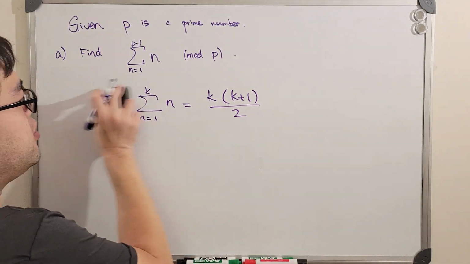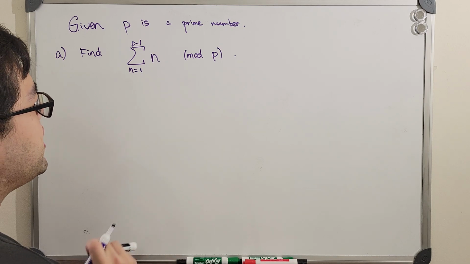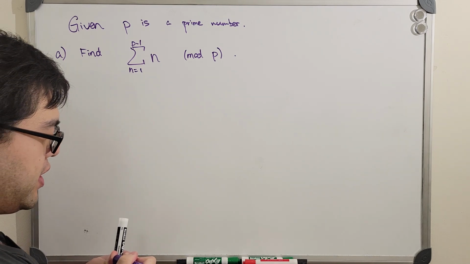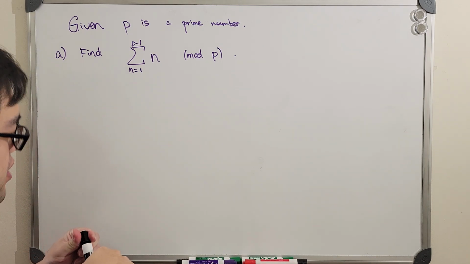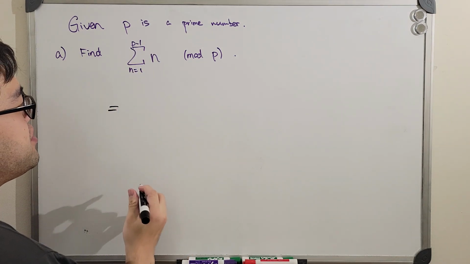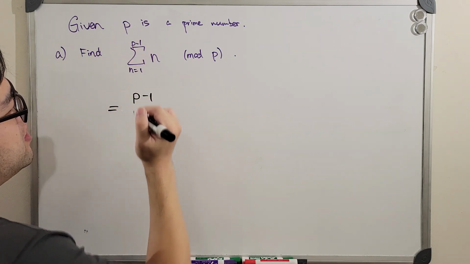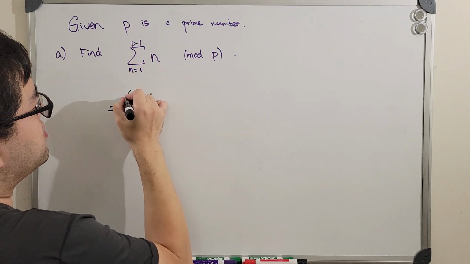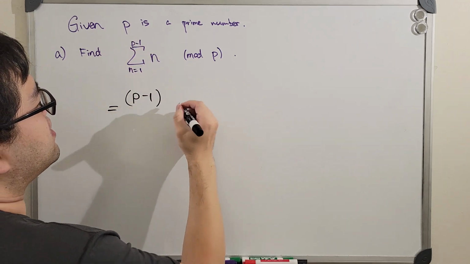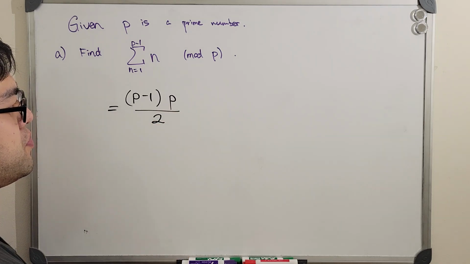So for the first part of the whole problem, we can actually get this answer quickly by using the formula to see that this summation here will give us k, which is p minus 1, the last term that we have, times 1 plus that, which is of course p, all divided by 2.